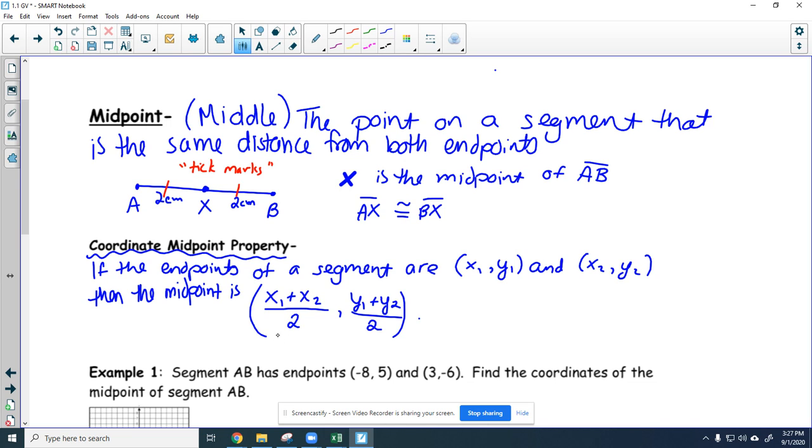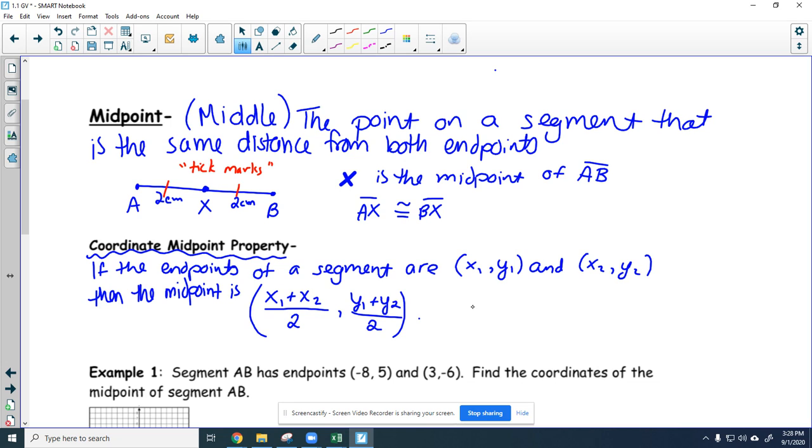This is really just finding the average point or the mean point, right? If you had 5 numbers and I said, find the average of those 5 numbers, you would add them up and you would divide by 5. So that's really what we're doing, and I think that kind of makes sense visually if you think about it too. If you had two endpoints and you were trying to find the middle, that would probably be a good, like, I don't really know how to do this, but I'll just find the middle.